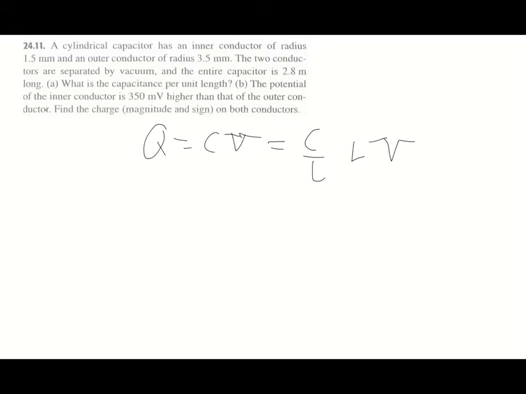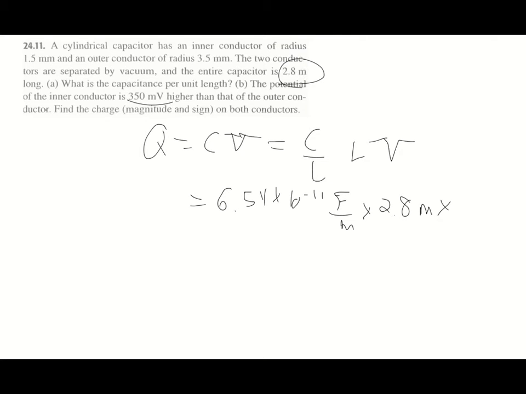We actually found this in the other part. It's 6.54 times 10 to the negative 11th, and that is the number of farads per meter. They tell us the length of the capacitor right here, 2.8 meters.